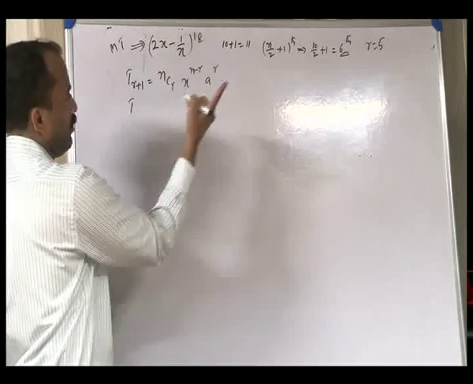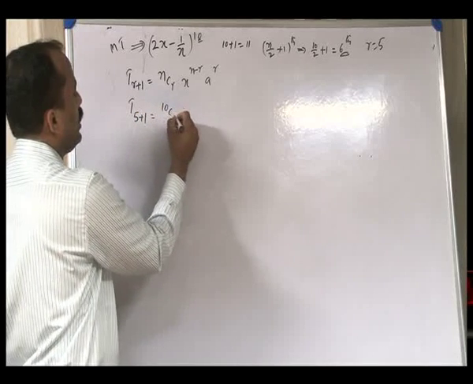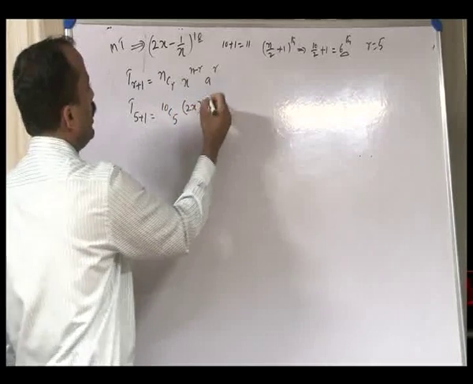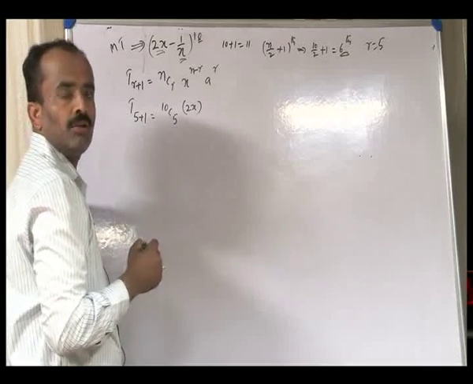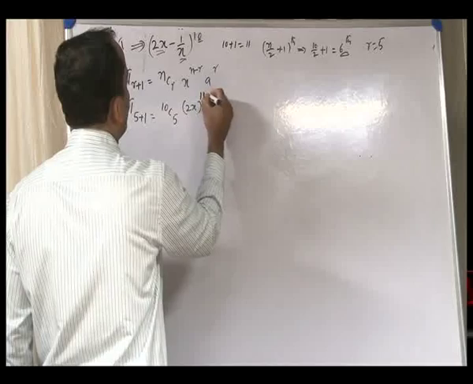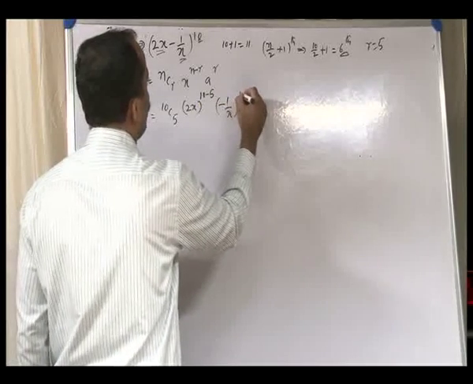What is the r value? 5. T(5+1) is equal to 10C5. What is the x value? 2x. Here the x value is 2x, the a value is minus 1/x. (2x) whole to the power of 10 minus 5 into (minus 1/x) whole to the power of 5.